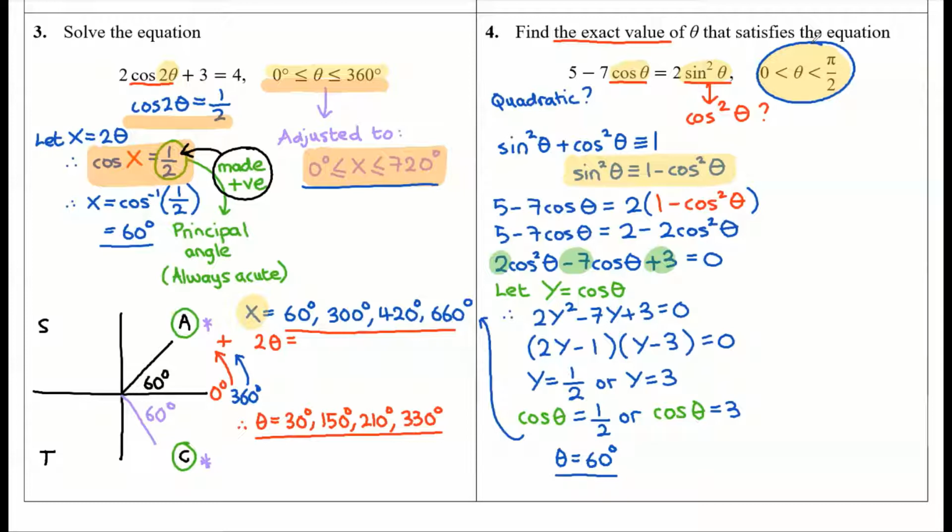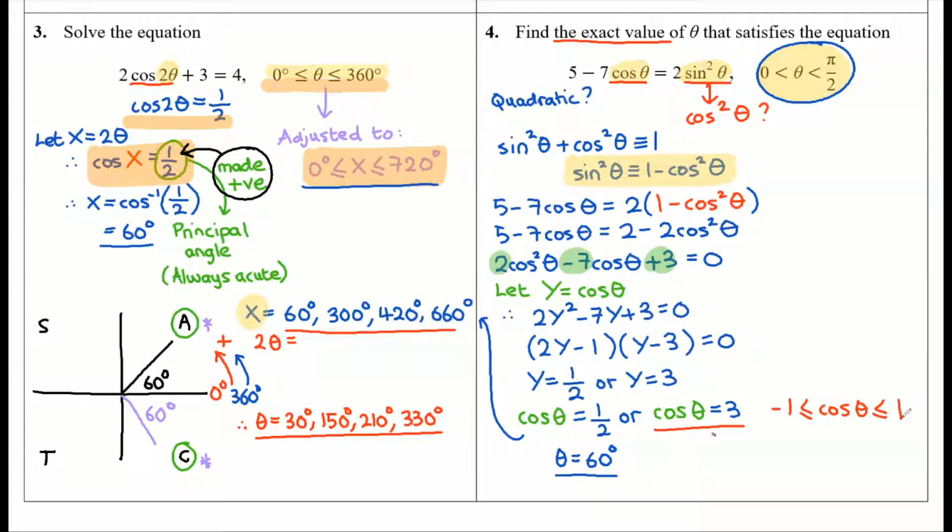Now, I know it's in radians. We're going to convert it in a second. So that's 60 degrees. And the answer over here, cos theta equals 3. Well, we know, hopefully, that cos theta is bounded between -1 and 1. If you draw the cosine graph, the graph is never greater than 1 and it's never less than -1.